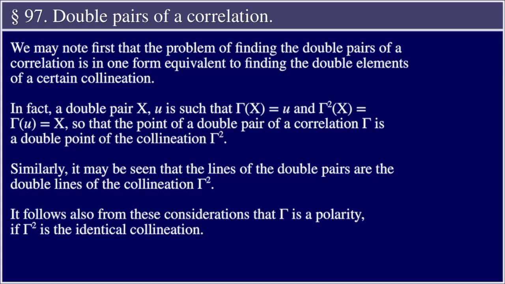Similarly, it may be seen that the lines of the double pairs are the double lines of the collineation gamma squared. It follows also from these considerations that gamma is a polarity if gamma squared is the identical collineation.